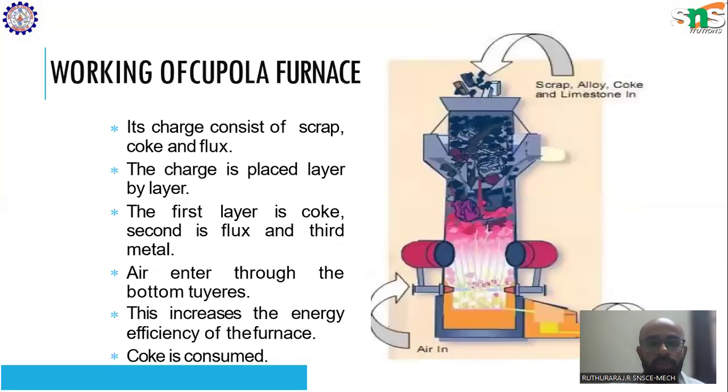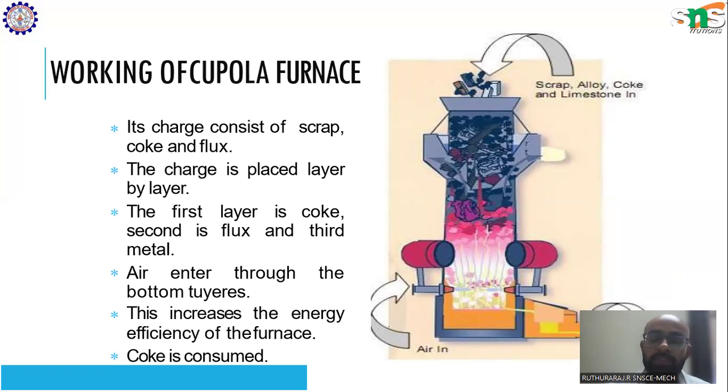In a cupola furnace, as I said, when the coal burns, the metal is melted, and I need to mention the purpose of flux here. Flux, calcium carbonate, is used to remove the impurities from the material. If you are taking iron ore, iron is removed from the ore, and it is done with the help of flux.